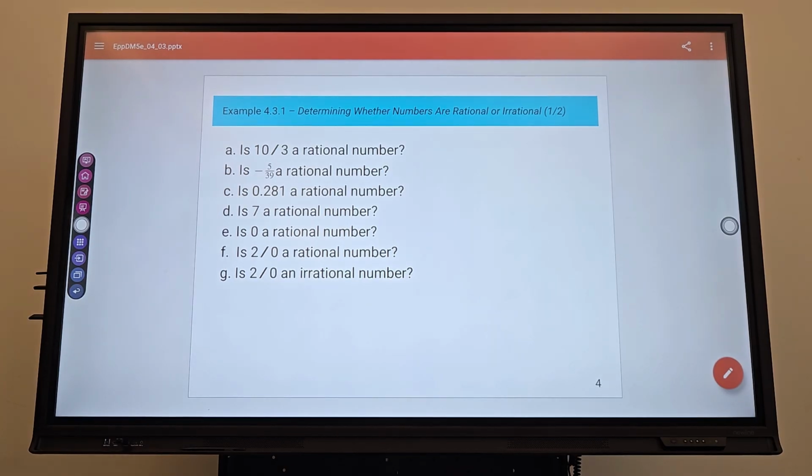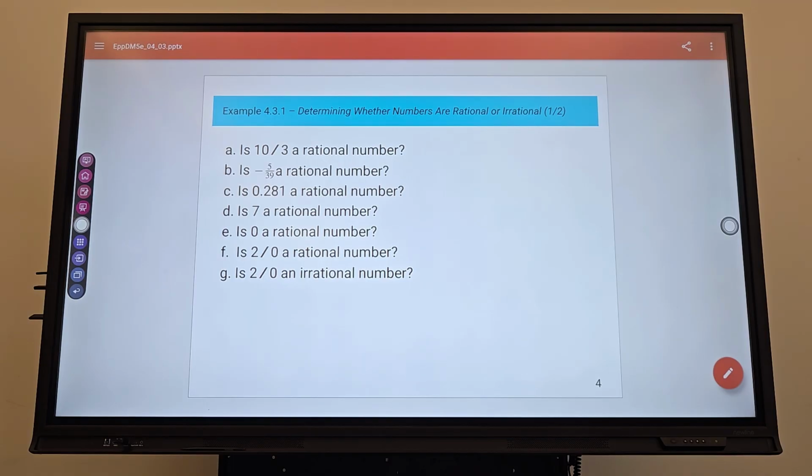So, is 10 over 3 a rational number? What about minus 5 over 39? 0.281? 7? 0? Yes. 0 over 2.